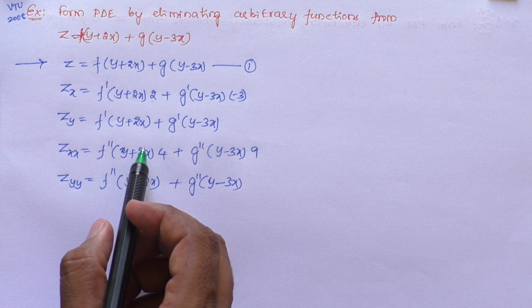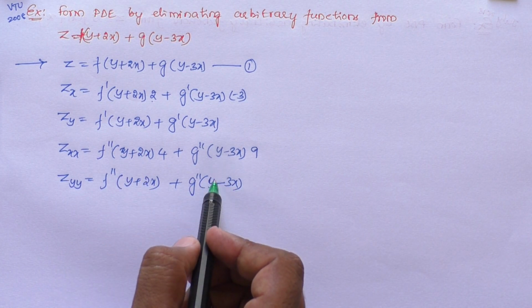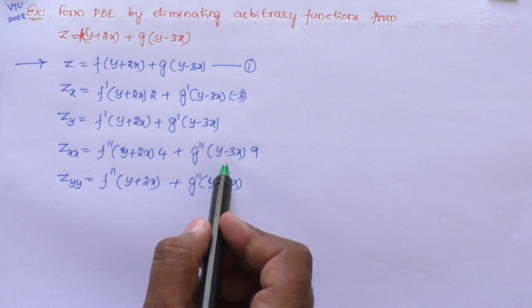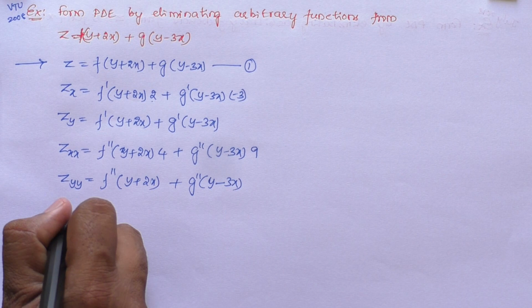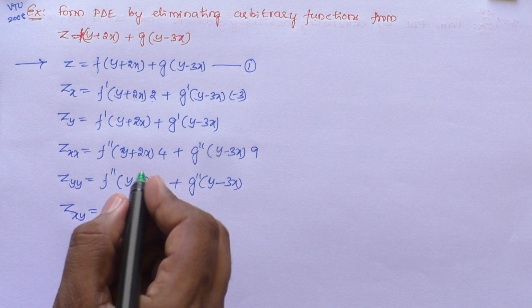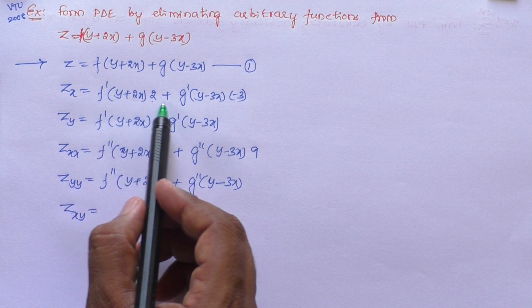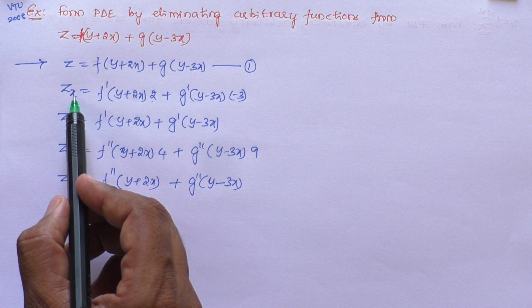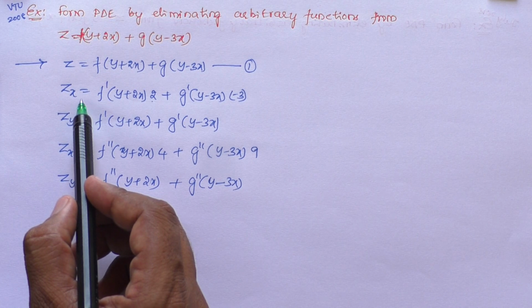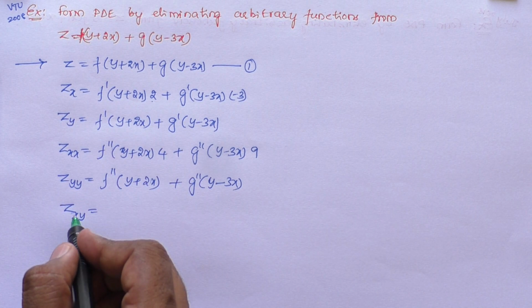But if you look at these two equations, both are the same, so from these two relations you can eliminate one function, not both. So for that you go for zxy, meaning zx differentiated with respect to y. That is zxy.